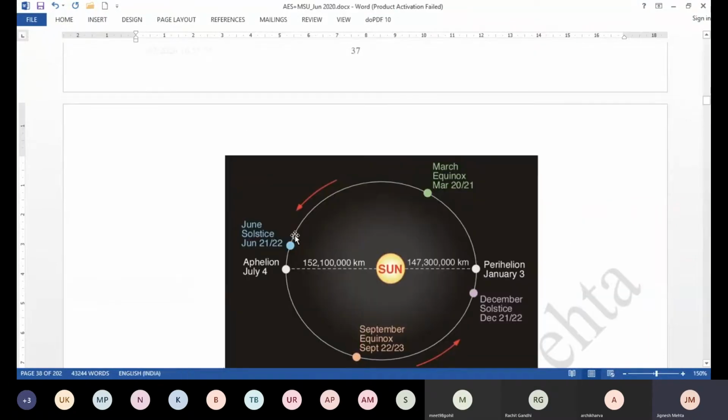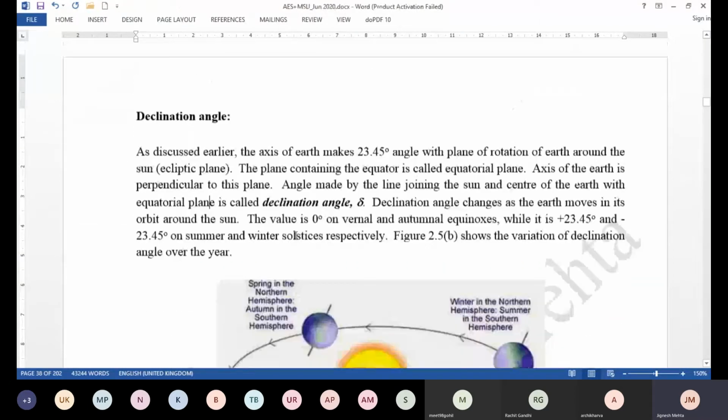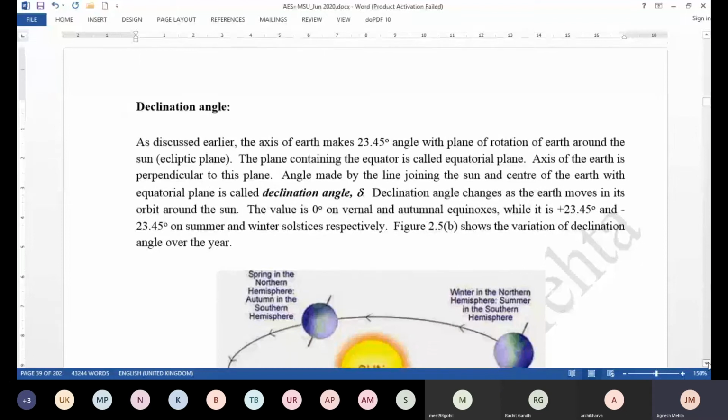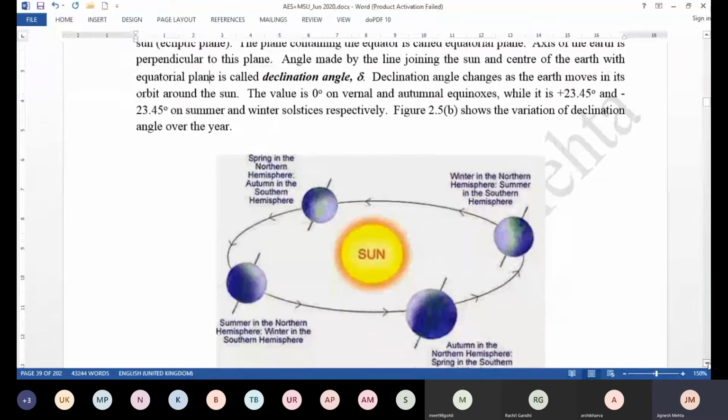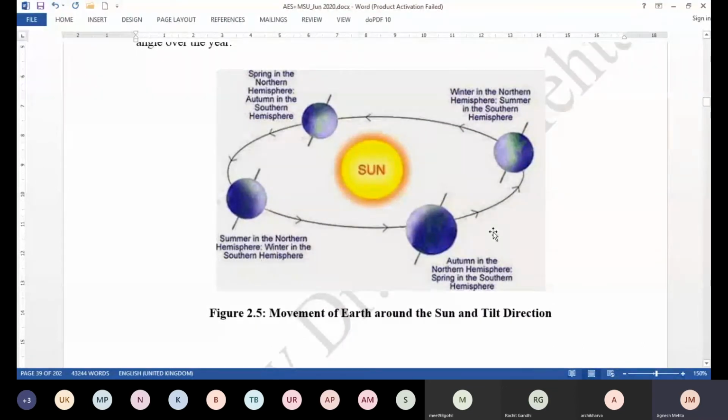But in this figure, the earth is shown as a very small circle, and you don't see the axis of the earth and inclination of the axis of the earth with the ecliptical plane. So now I'm going to show you another diagram which is also showing the inclination of the earth about its axis, so that it makes some angle with the plane in which it rotates, right? So that plane is called ecliptical plane.